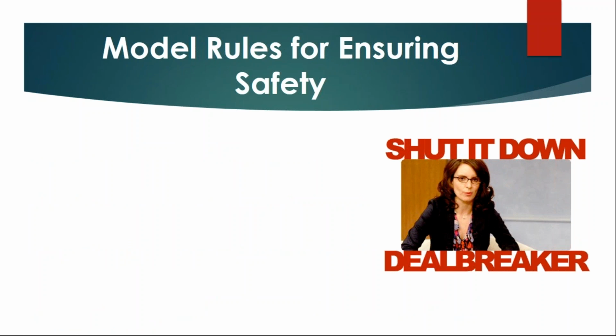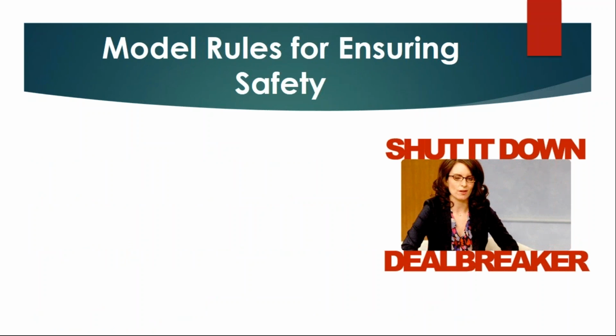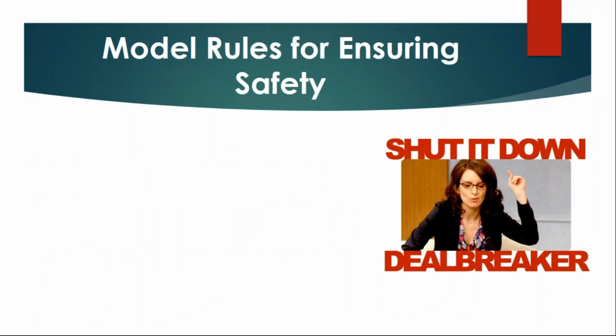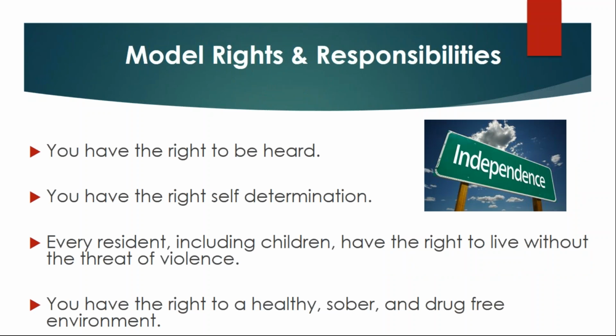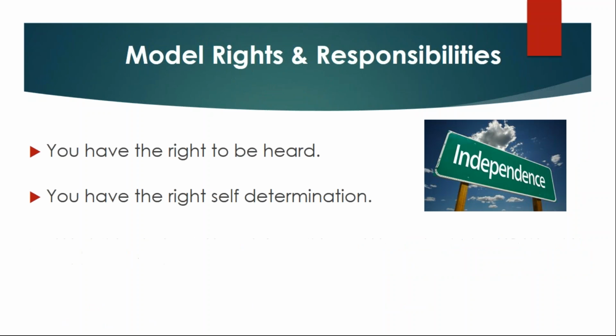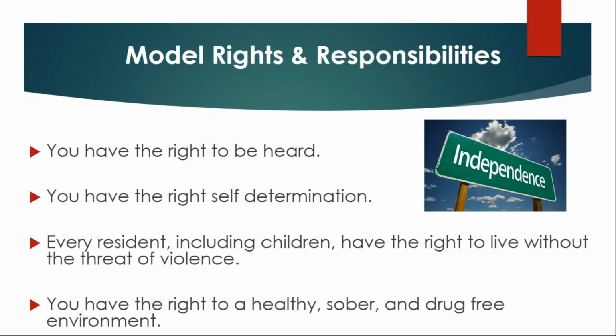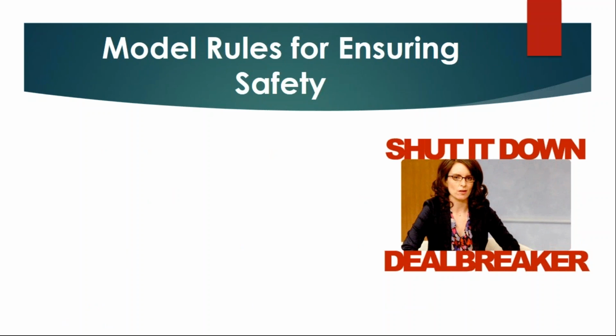Just because we're moving away from rules and we're reducing rules doesn't mean that there are no rules at all, right? There are some model rules that exist for ensuring safety. These are the rules that I was talking about earlier.